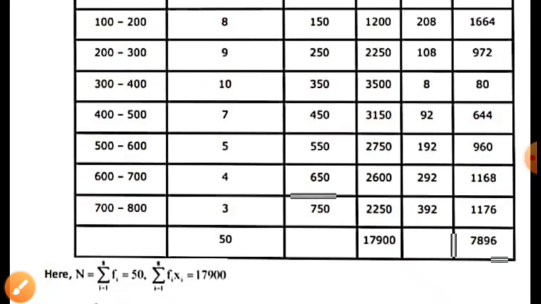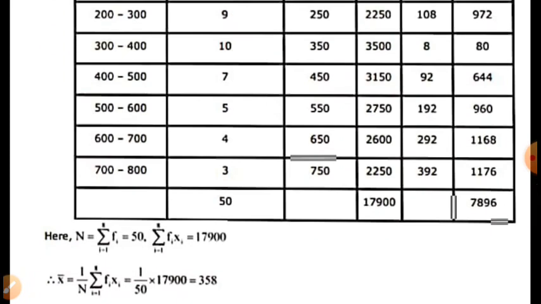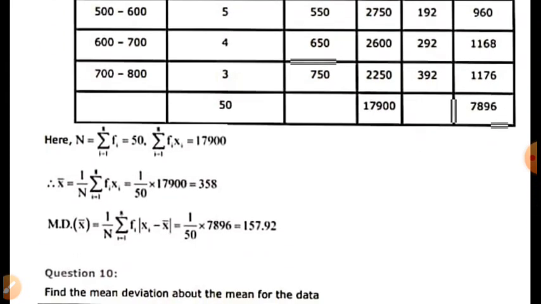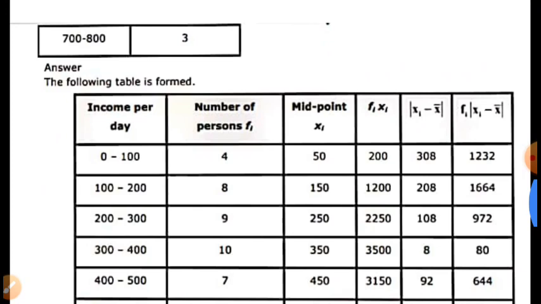In problem 17, this mean can be found even using the step deviation method. Any shortcut method can be applied. Here the direct method is used to find the mean. Mean is 358. That 358 should be subtracted from every observation. The observations are 50, 150, and so on.